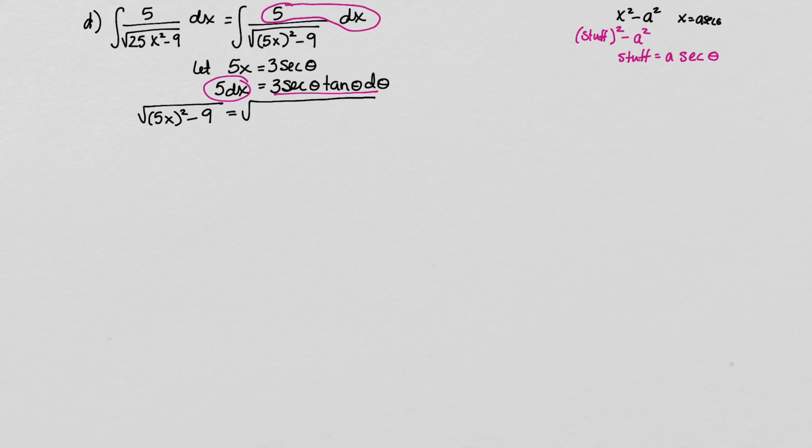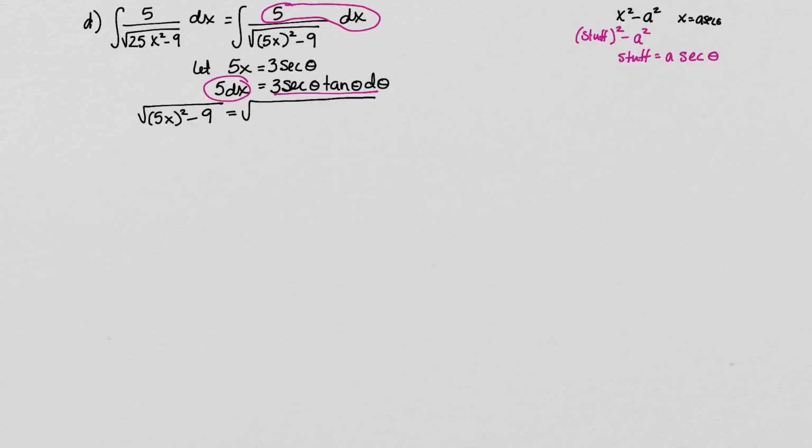So in our case, we had 25x squared. So this is 5x squared minus 9. So my stuff is a 5x. So you can think of that x like stuff. Other questions? No.